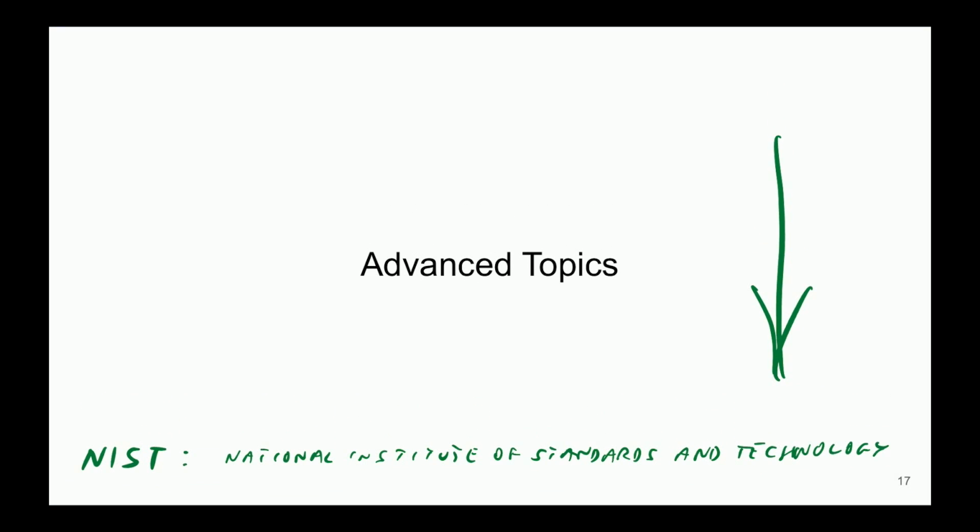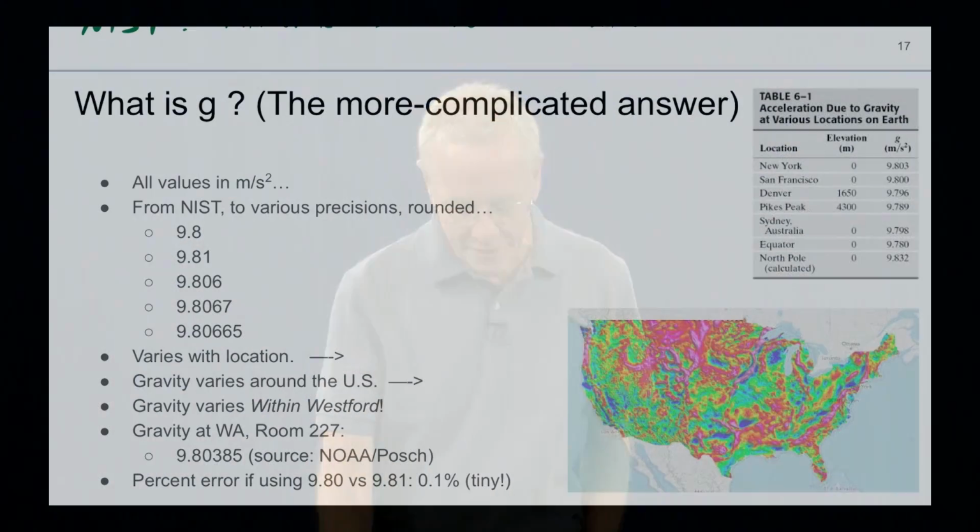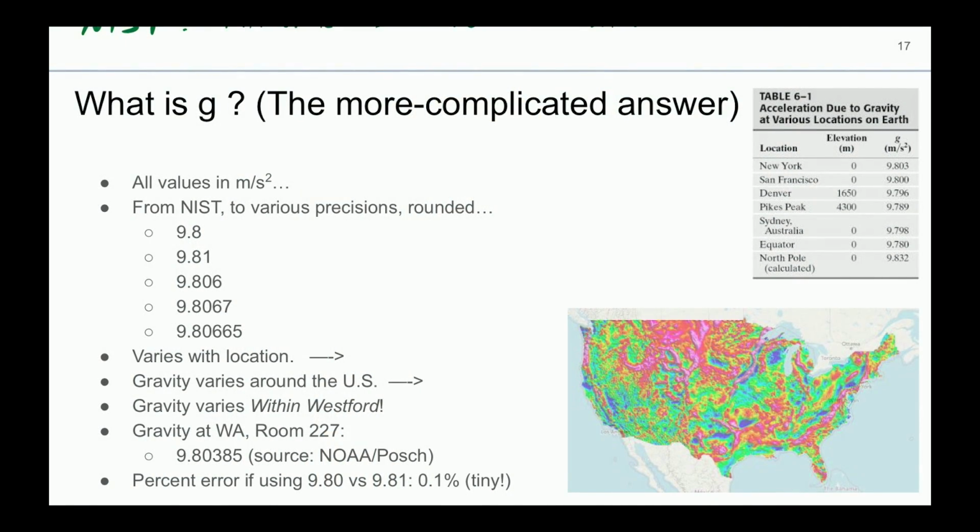Now, what is G? There is an organization called NIST, the National Institute of Standards and Technology. And they claim, depending on how many sig figs you want, G is available from them. It's just a standard agreement.